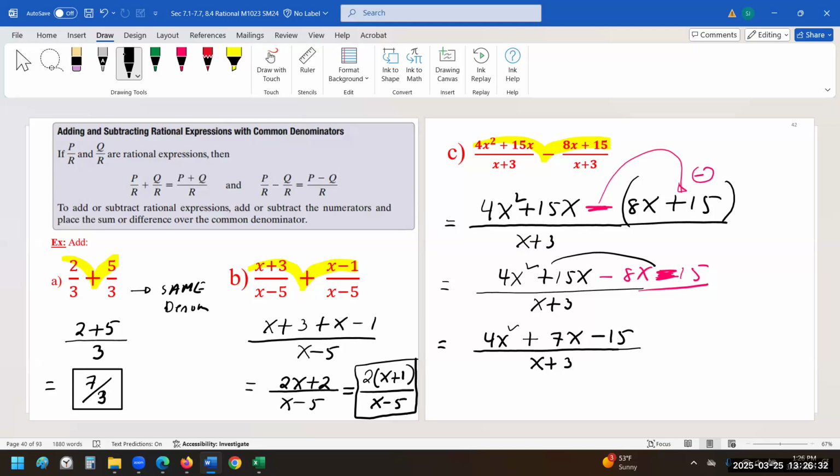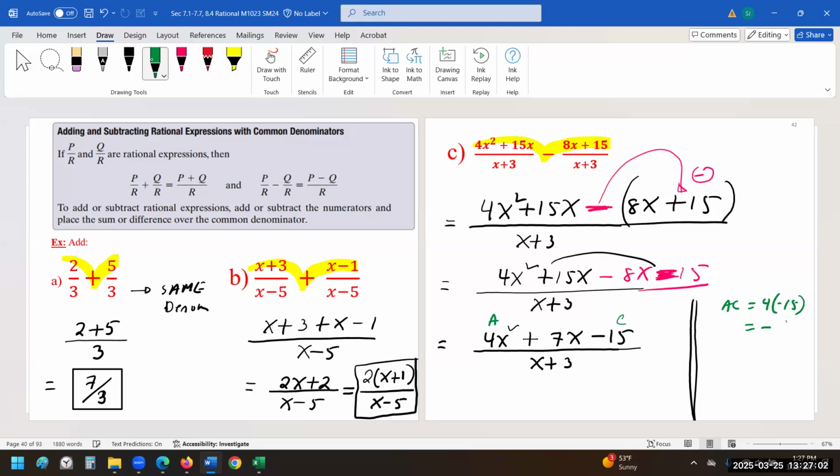So we cannot stop here because now we need to check, is the numerator factorable? Let me do the shortcut AC. So this is A, this is C, AC. 4 times negative 15.